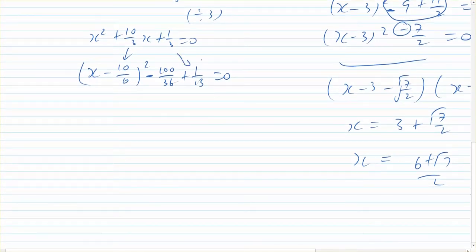Okay, so I'm dropping that, essentially. Now, this isn't easy to work out, so we've got to find what 36 and 3 both go into.